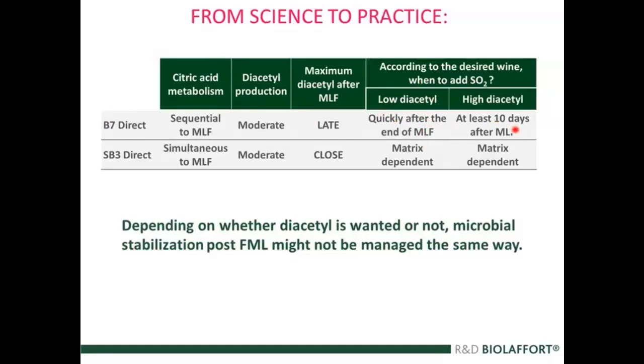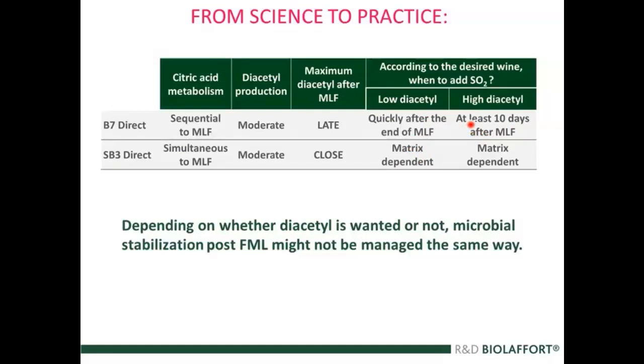It is totally the contrary with SB3, but I haven't written this in this table because I must say that SB3 is a little less reliable in terms of managing diacetyl, and we have seen situations where to have a low diacetyl, you have to wait 10 days or sometimes 20 days, whereas B7 numbers are more clear-cut.